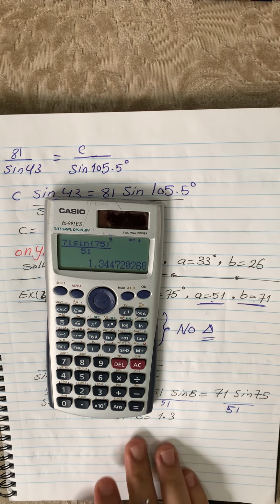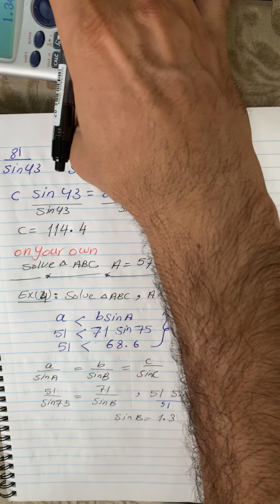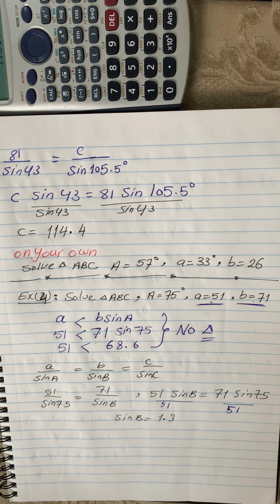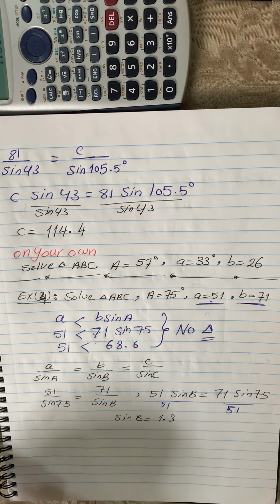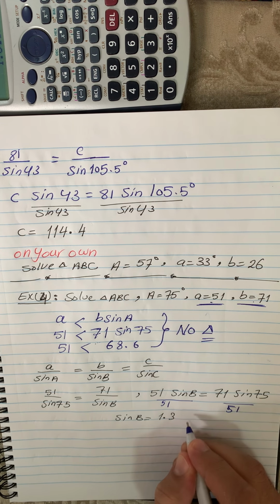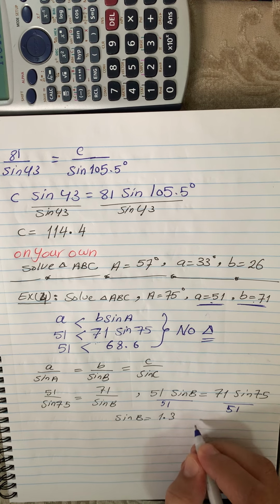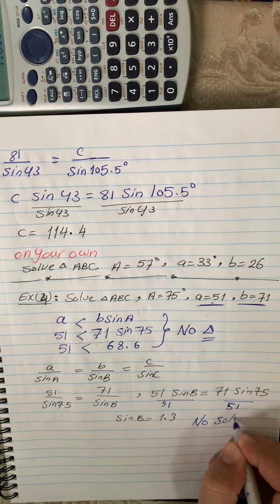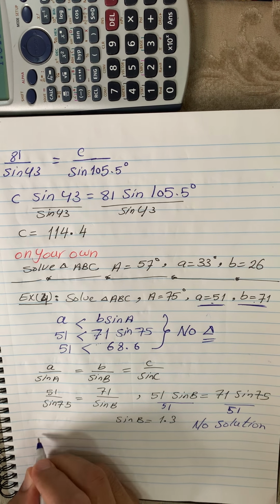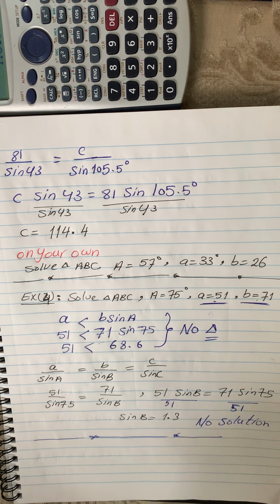Can the sine for any angle be more than 1? It cannot be. The range is from -1 up to 1. This is outside the range. So it's not possible. This is impossible. So we don't have here any solution. So no solution for this triangle. Okay, on your own.